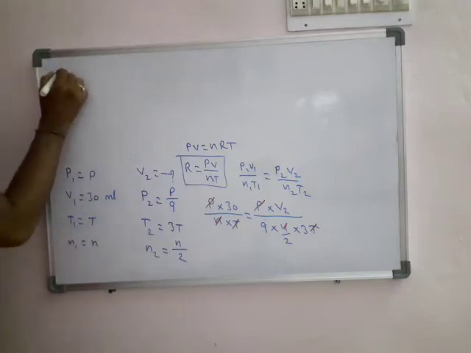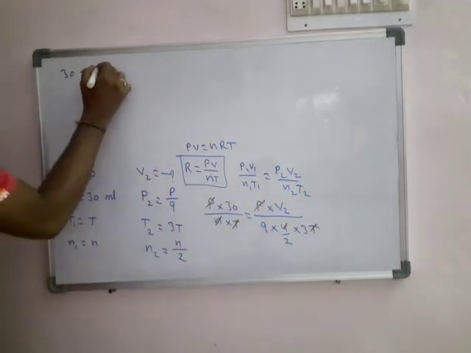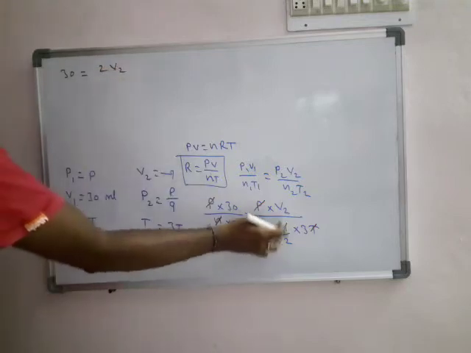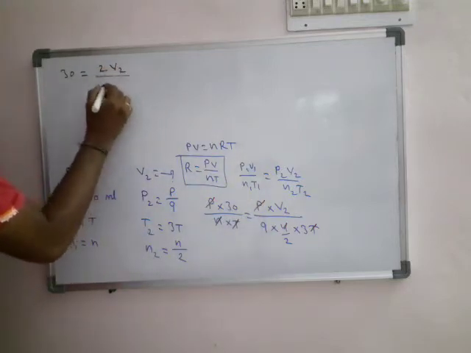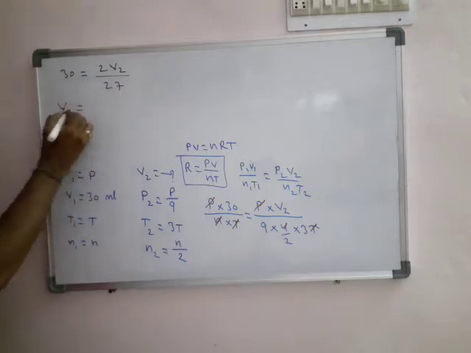Again we are just writing it again. V2 becomes 2V2 by 27. So what is V2 becomes?